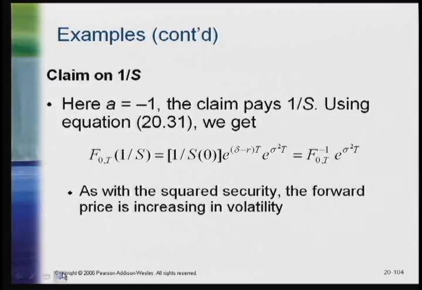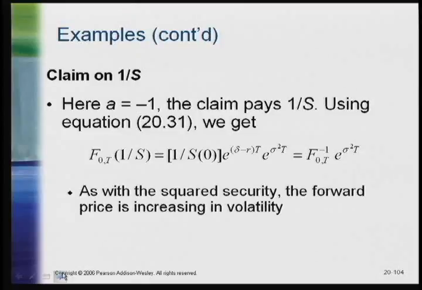How about an A of minus 1? We made no assumptions on A in the derivation, so A can be minus 1. So we now want the forward price for the delivery of 1 over S dollars. So it's going to pay the reciprocal of the stock price at time t. And again, simply applying the earlier formula with A equal minus 1, we get the same result.